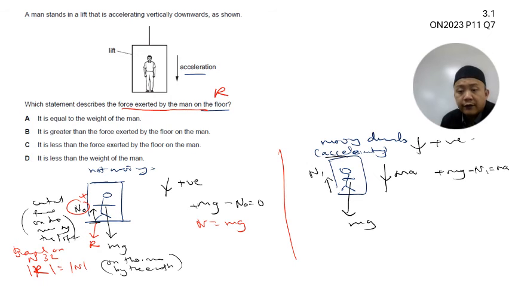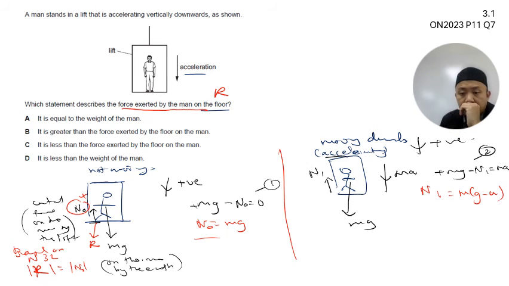So there are two different equations, equation 1 and equation 2. Comparing, N1 will be equivalent to mg minus ma.